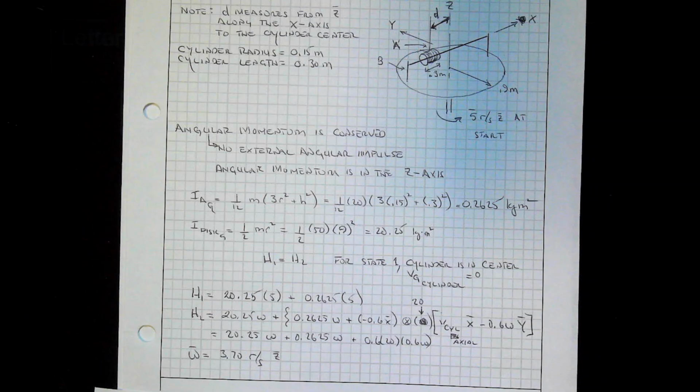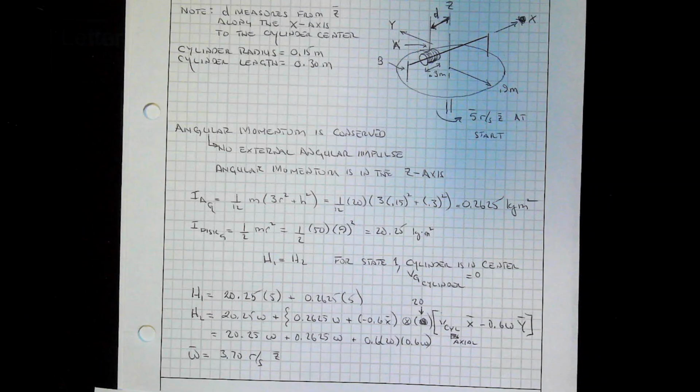For state 1, the cylinder is in the center, where the center of mass of this cylinder is right on the center here, so its velocity would be 0. So let's start constructing this.